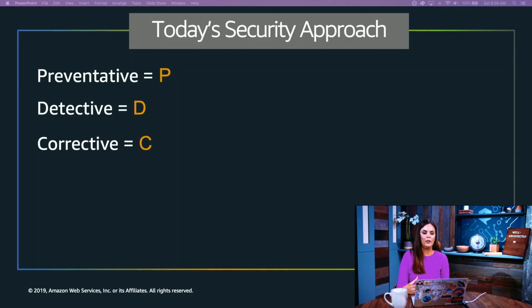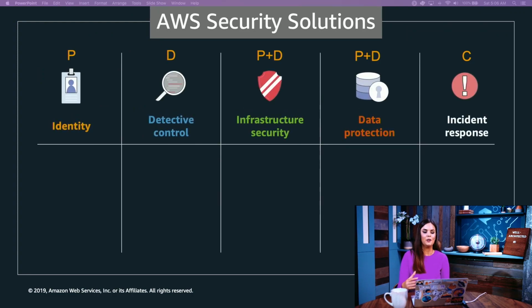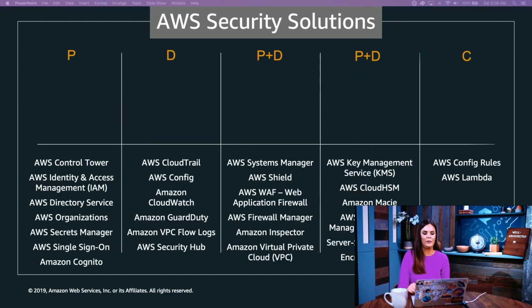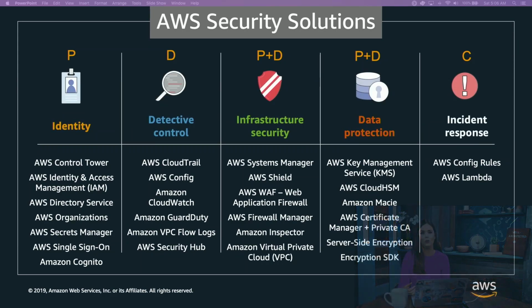Also today, we'll be looking at preventative approaches, detective approaches, and corrective approaches. I'll now take you through how that applies to the different areas. Some of these areas actually have protective and detective mechanisms, and then we can map these to the actual services and some of the controls that we have within AWS. Something that I really like to use to illustrate this a little bit more clearly is AWS Organizations.